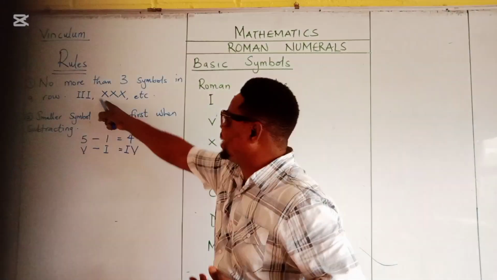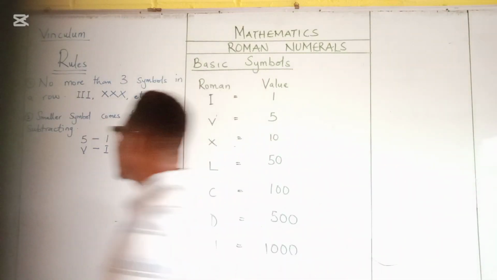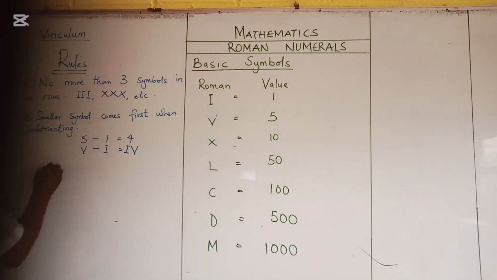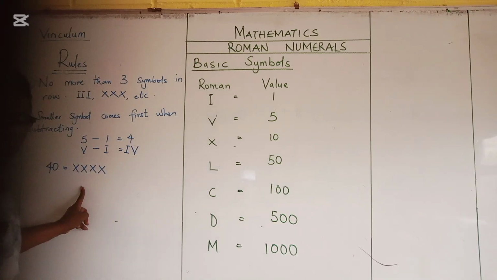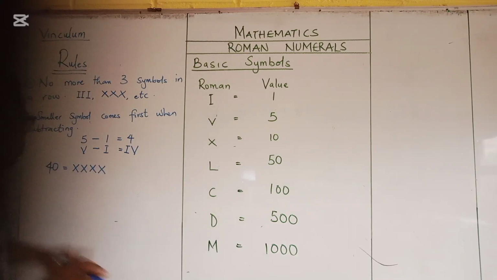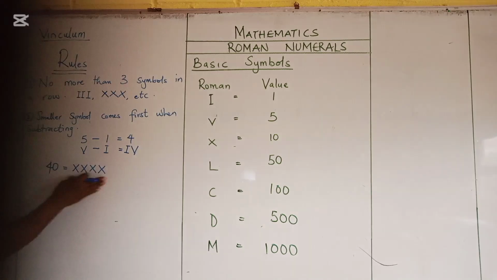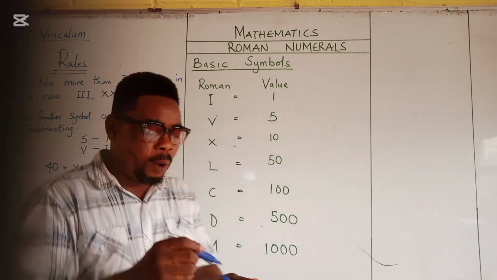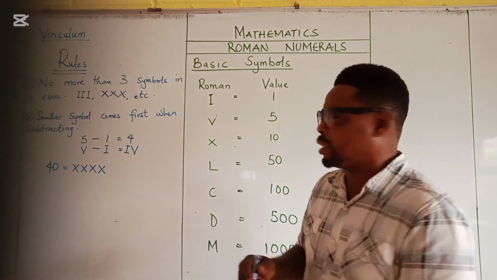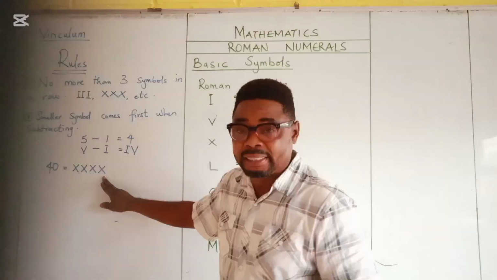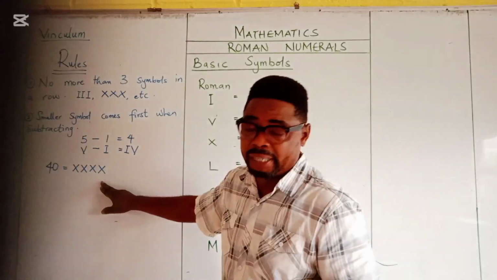If I want to get my 40, normally it's supposed to be XXXX. Don't get me wrong, I am not saying this is wrong, but in our academic practice, we don't take this one as correct.